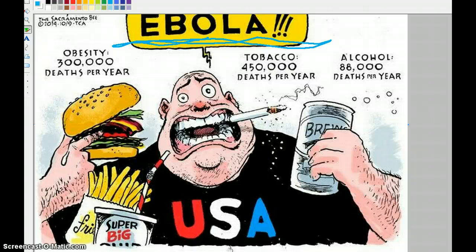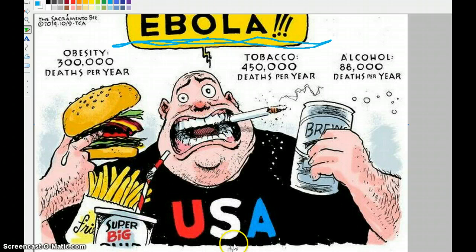In this case, our analogy was a comparison of Ebola and tobacco, alcohol, and poor diet as a threat to American health. So poor diet, tobacco, and alcohol are as imminent a threat to health as Ebola, but Americans act like those aren't a problem. So that would be the argument being made here.